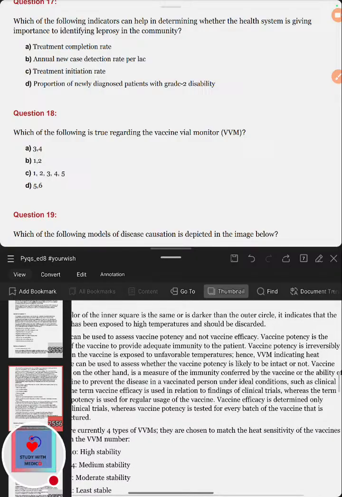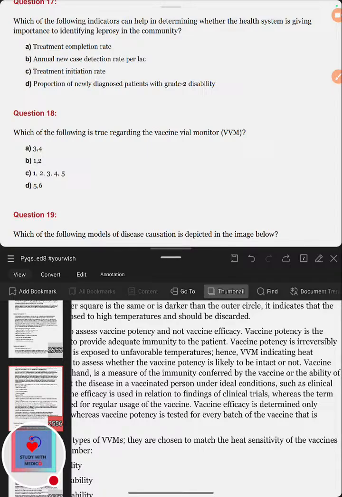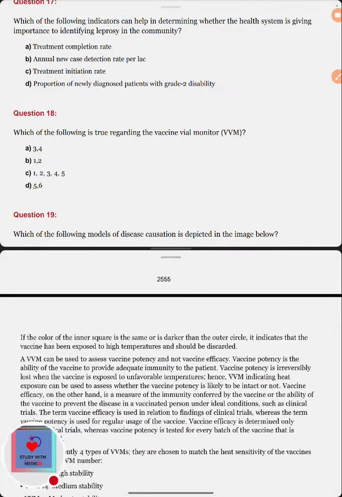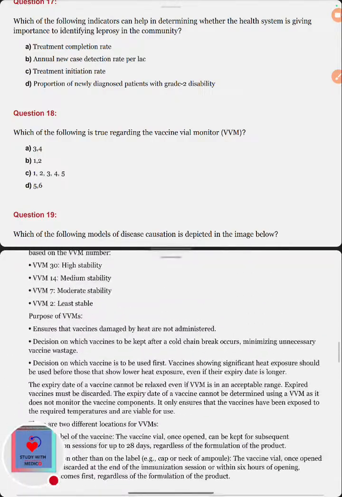If the color of the inner square is the same as or darker than the outer circle, it indicates the vaccine has been exposed to high temperature and should be discarded.